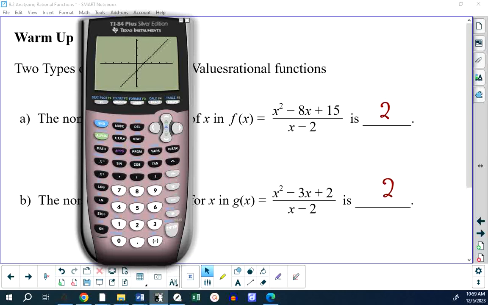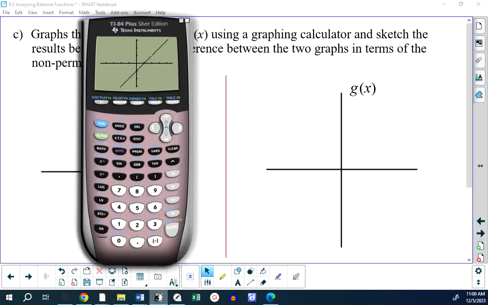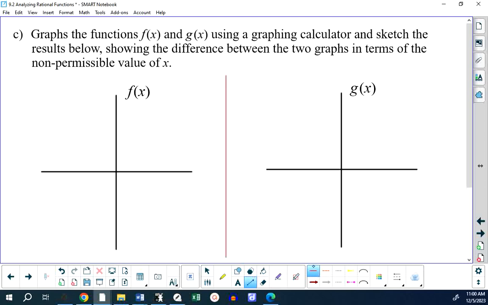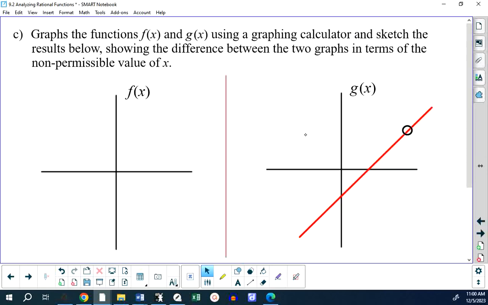So when we sketch this function for g of x, we can get a little more detail to it if we want. You can see that the y-intercept is -1, the x-intercept is +1. You're going to get a line that looks like this, except over here at 2, and just wait for the whole thing so you can see what's happening here.